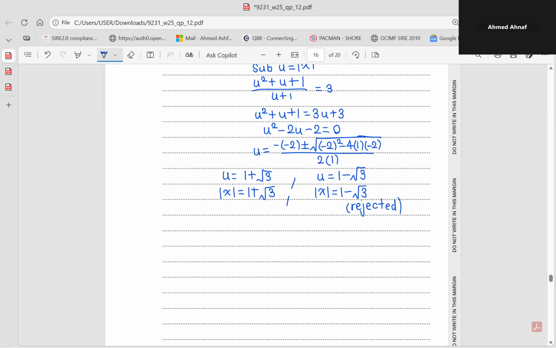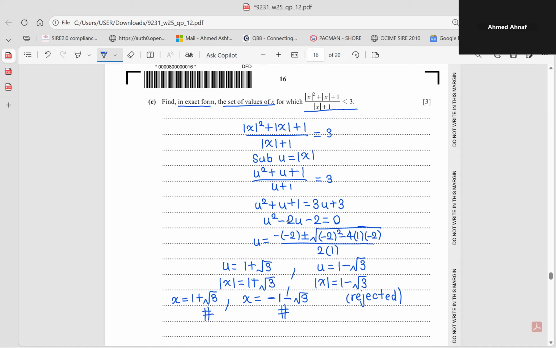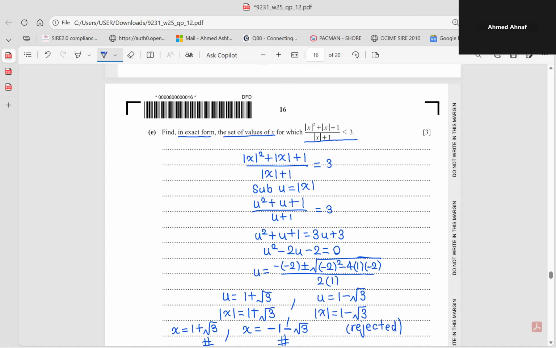Therefore, for x, we have two possible values, 1 plus square root 3 and negative 1 minus square root 3. So these are our critical points that we need to write our inequalities with respect to.